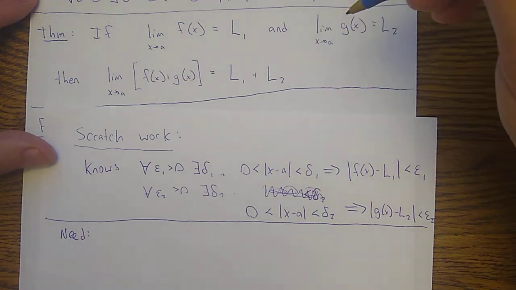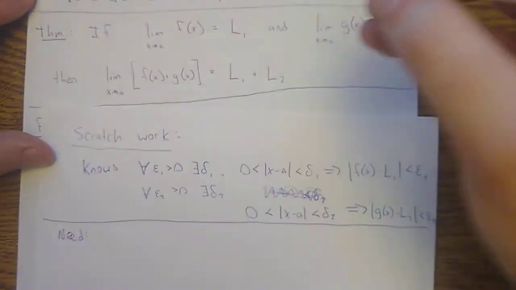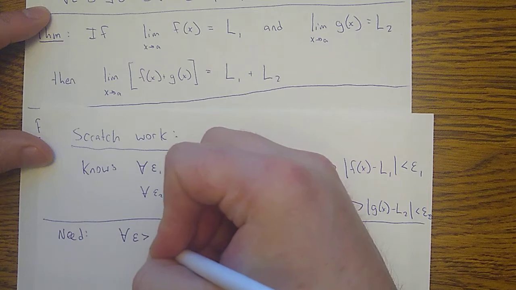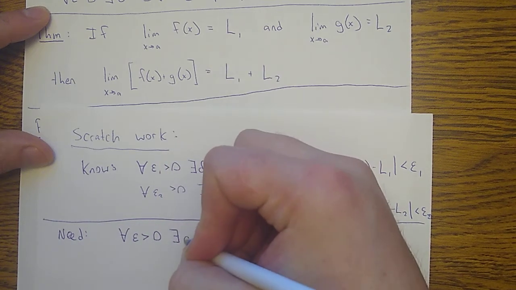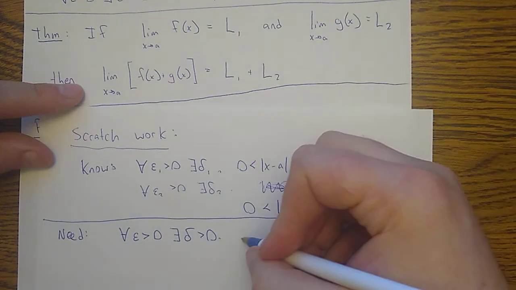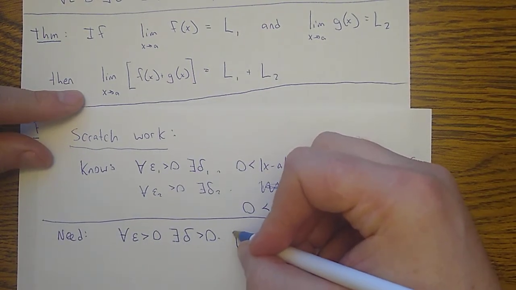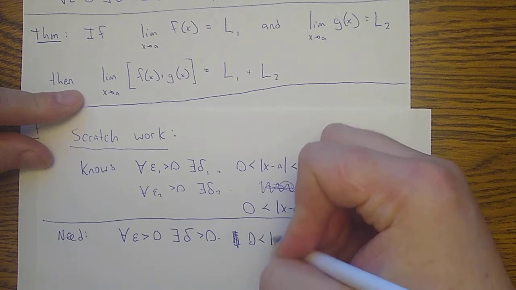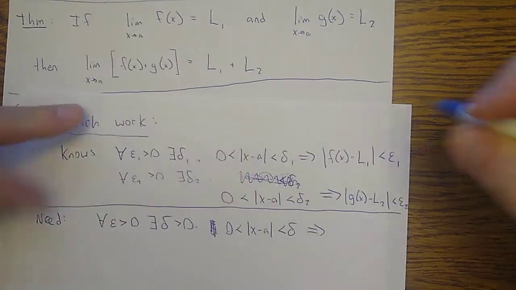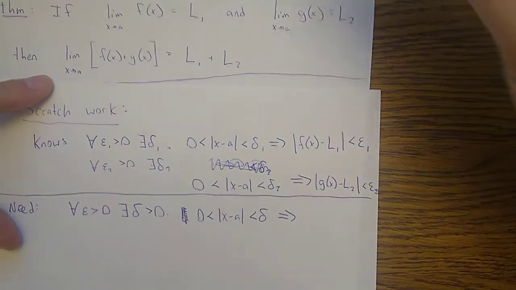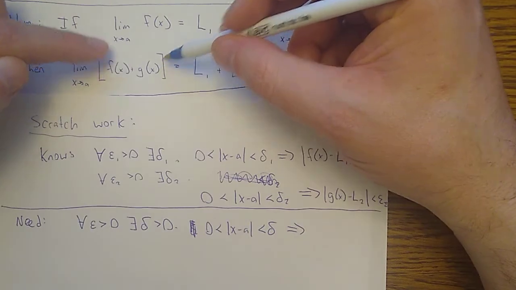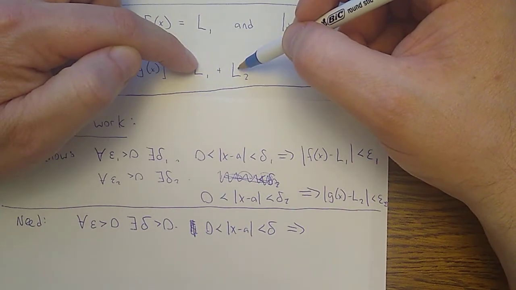In other words, I need to show for all epsilon there exists a delta such that this implies, so I take the function minus the supposed limit.